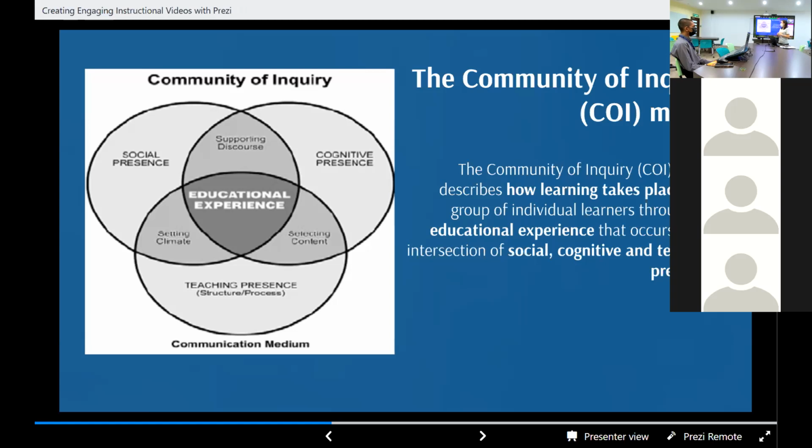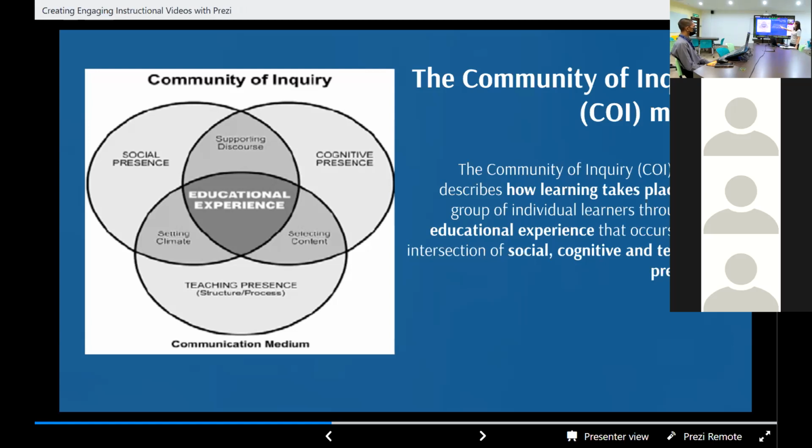So when we talk about educational experience here, three important things are needed: the cognitive presence, the social presence, and the teaching presence. Having all these three things will ensure that your students will have a good educational experience.